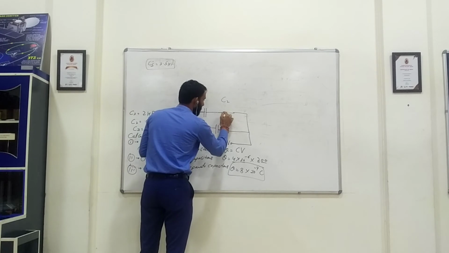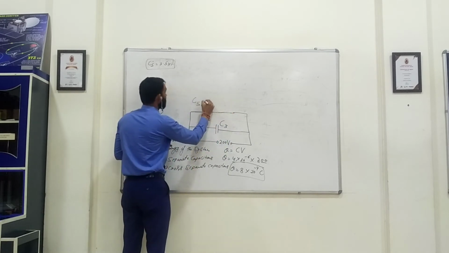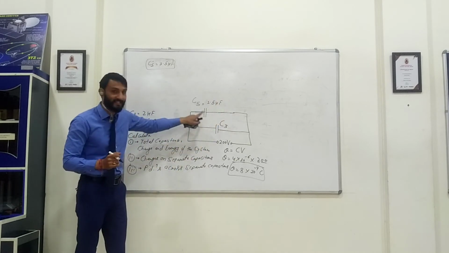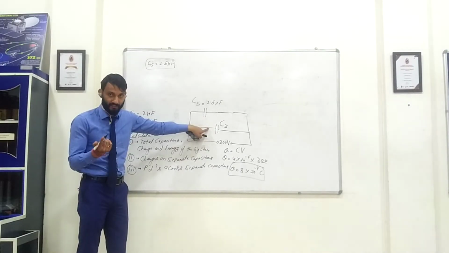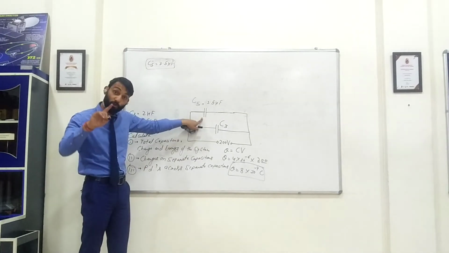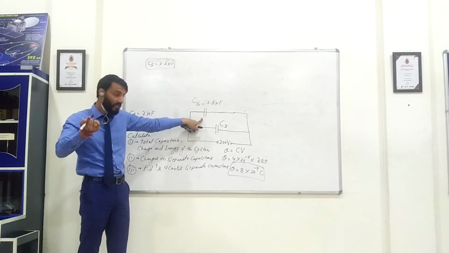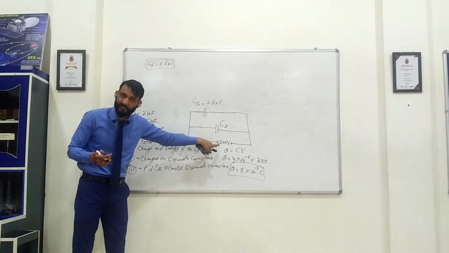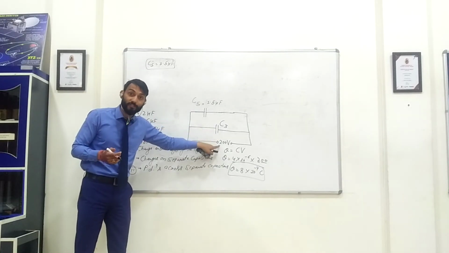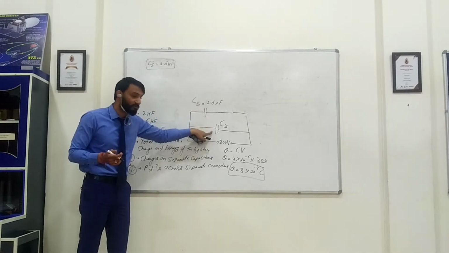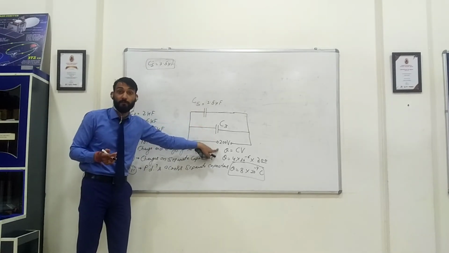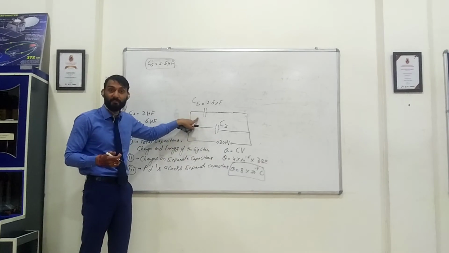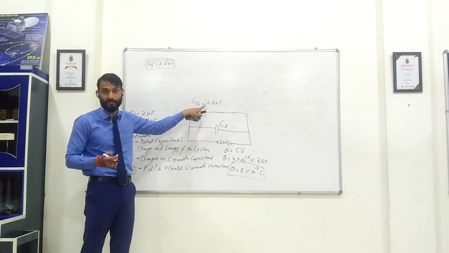So CS is equal to 1.5 microfarad. Now how are these two connected? Parallel. And in parallel voltage remains the same. So the voltage through CS and voltage through C3 will be 200 volt. Why? Because they are connected in parallel. And remember, CS is the combination of C1 and C2 connected in series.